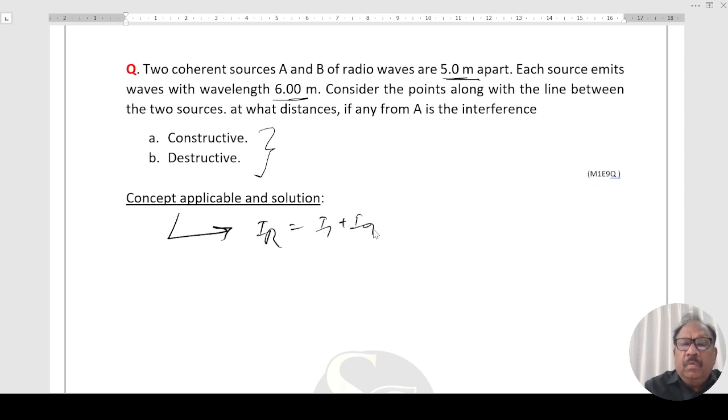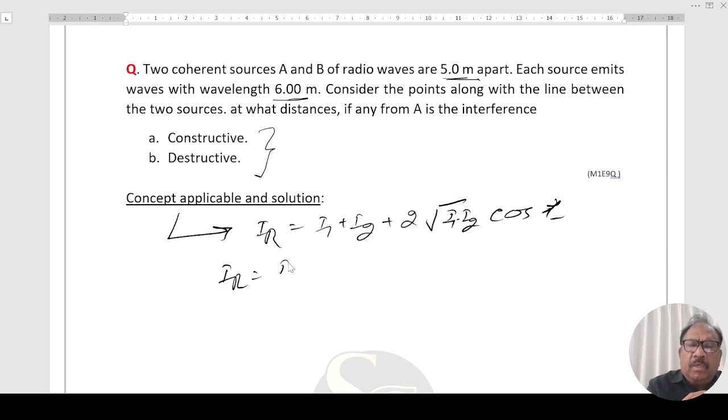I1 plus I2 plus 2 root I1 I2 cos of phi. IR will be I maximum if phi equal to 0, 2 pi, like this, right? That will come out to be constructive interference.